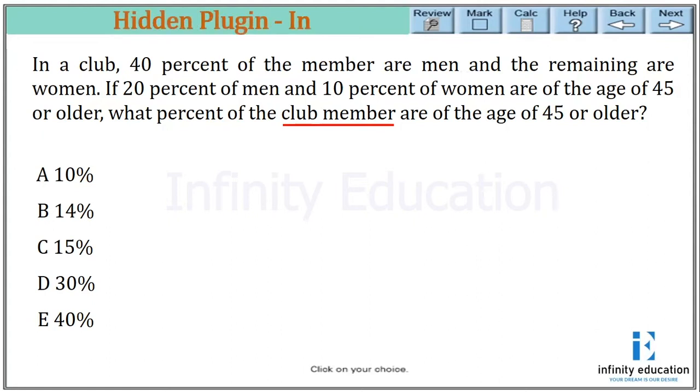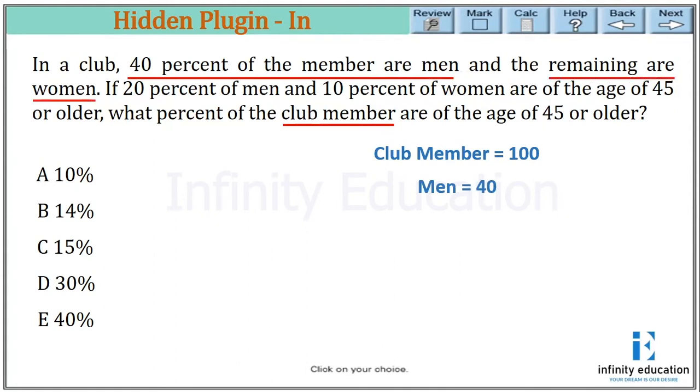As the question consists of percent, I must take the total club members as 100. Now if you read the question, 40% of the members are men. So men should be 40 out of 100, and the remaining are women, so obviously 100 minus 40, women should be 60. 20% of men and 10% of women are of the age of 45 or older.